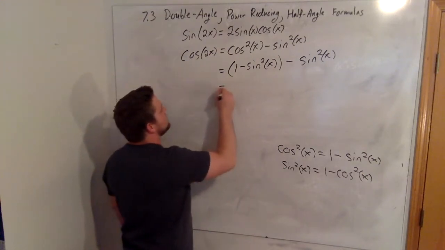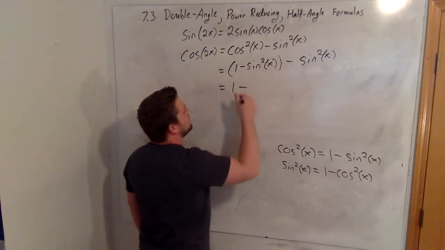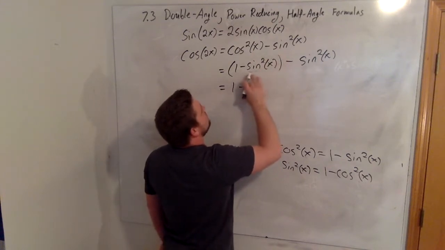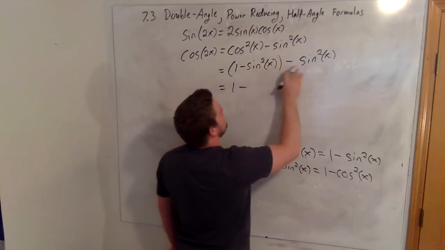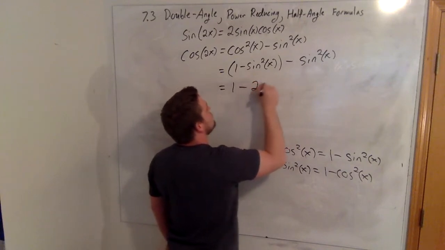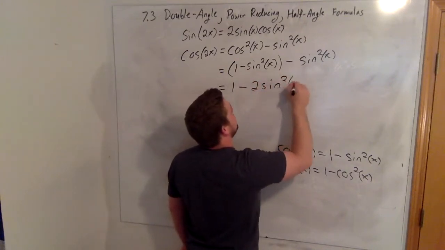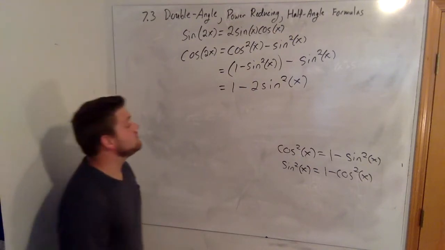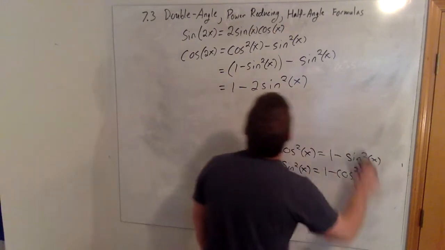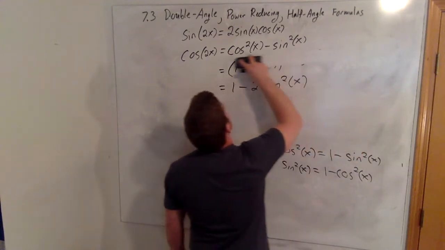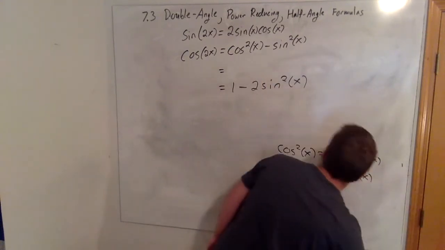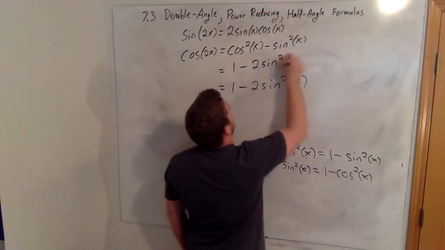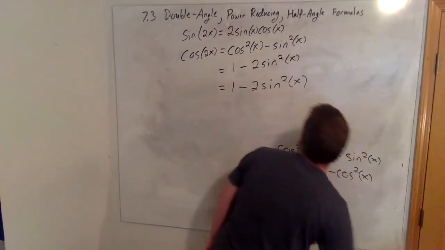These parentheses aren't doing anything, so I'll have a minus sine squared, another minus sine squared, so we get 1 minus 2 sine squared of x. And here is another version of the double angle formula for cosine. Let's write this up here: 1 minus 2 sine squared of x.